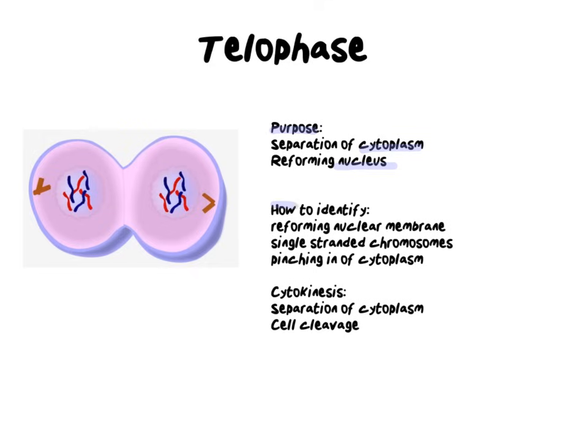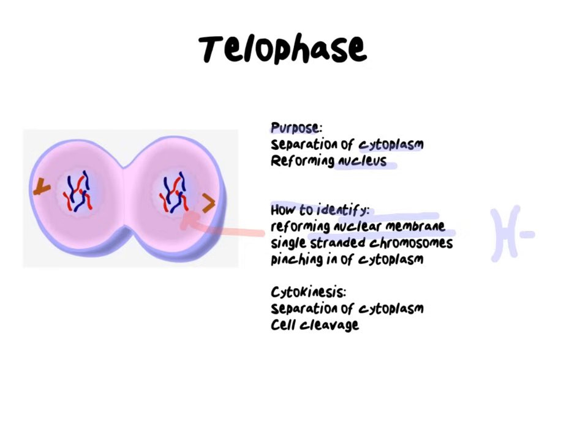Now, how do we identify telophase? We are going to be looking for a nuclear membrane that is reforming. And if you have a look in the diagram alongside here, you can see that that is happening. It's that little squiggly line that's slowly fading back in. Then we're also looking for the fact that these are single-stranded chromosomes. So they were originally duplicated.